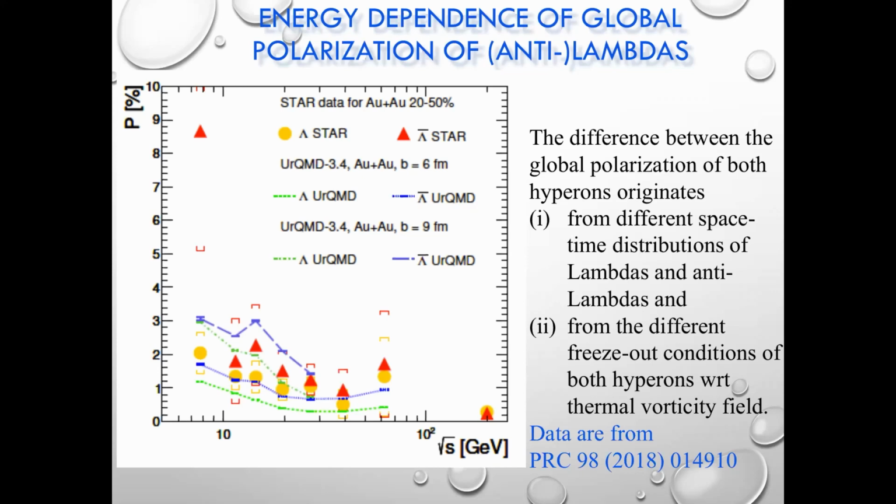Also remember that some people claim that 50% of centrality means impact parameter 10 or even 10.4, 10.5 Fermi. After that, we can get easily something like 4% for polarization of lambda bars, so no problem. But please remember this blue line on the top, up to 3%.